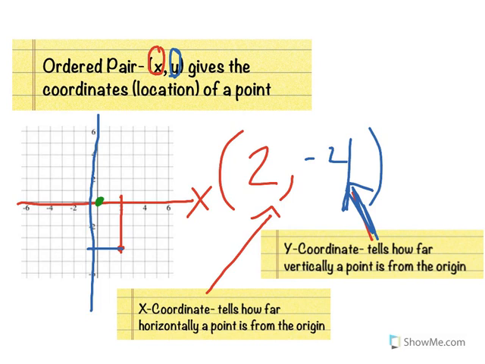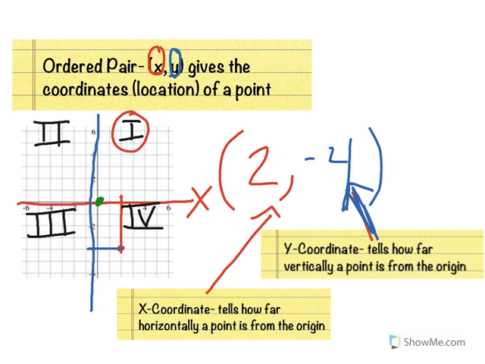So, like I said, we need to leave a little room. We're going to go over would the coordinates be positive or negative depending on what quadrant we're in. So, my first quadrant here, 1, along the x-axis, it would be a positive, and along the y-axis, it would be a positive.